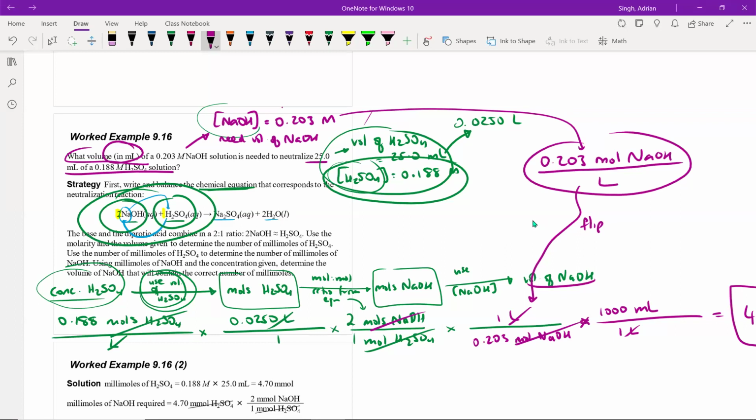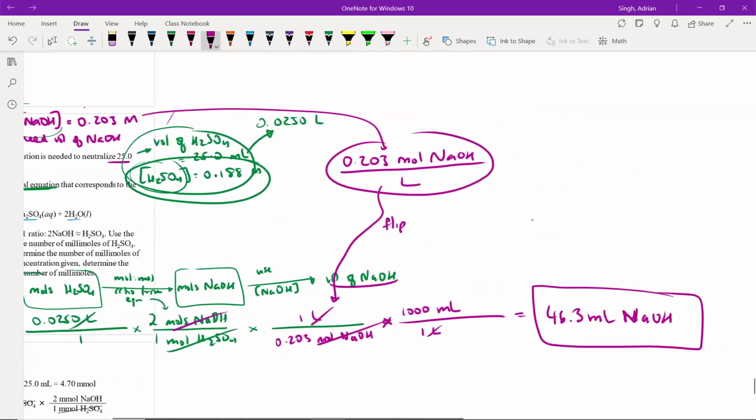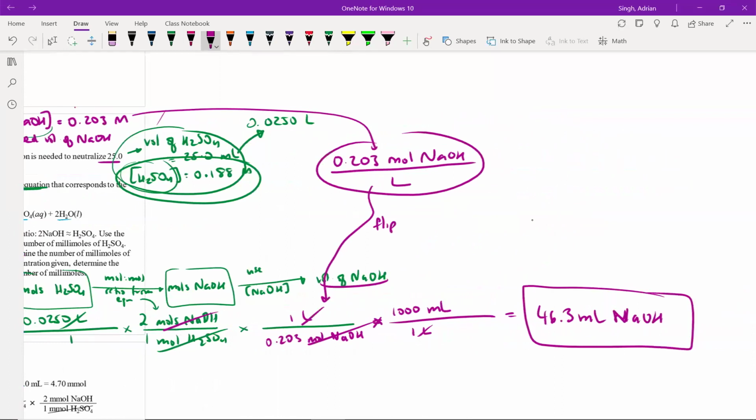We get to moles by using the concentration of something and the volume of that thing. We multiply the concentration by the volume. That gets us to moles. We can then use the mole-to-mole ratio from the balanced equation to get to moles of something else. And then we use molarity again to get us back to volume of that second substance in the problem.